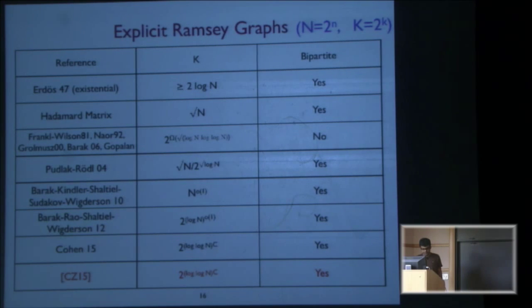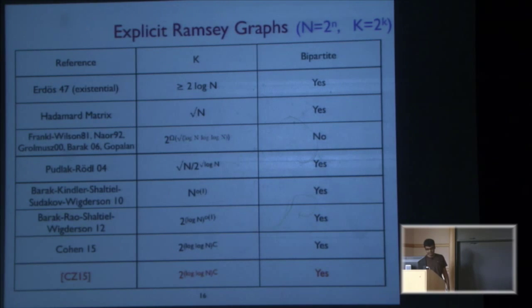Yeah. And Pudlak and Rodel slightly improved the bound for the bipartite Ramsey graphs. And then by breakthrough works of Barak, Kindler, Shaltiel, Sudakov, and Wigderson, and a follow-up by Barak, Rao, Shaltiel, and Wigderson, really good constructions of Ramsey graphs were known, which actually breaks the Frankl-Wilson bound.